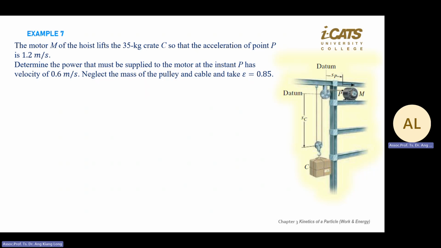Okay. So when you look at this kind of question, you write the general equation first. Anything that is related to the parameter, you write on your answer sheet. So you write the definition of efficiency. In this case, you need to find the power, so meaning that you need to take power output divided by power input.